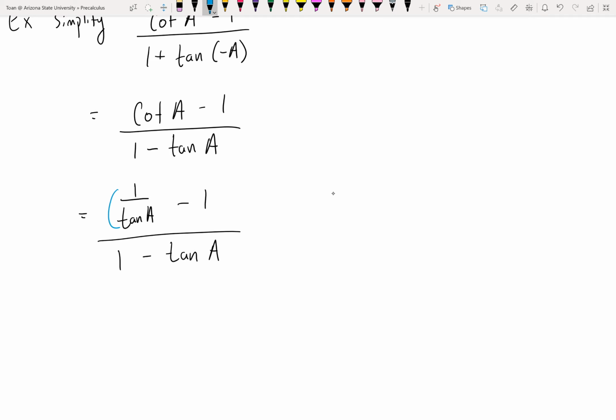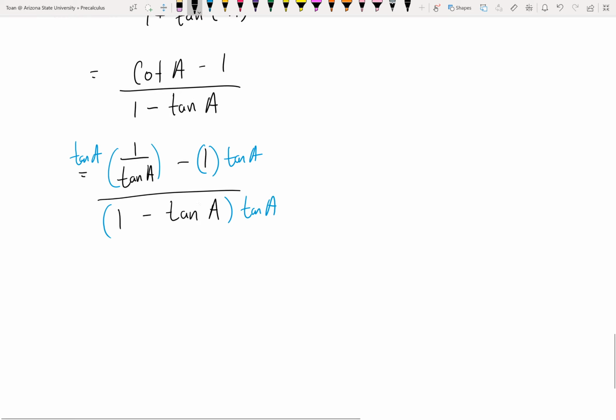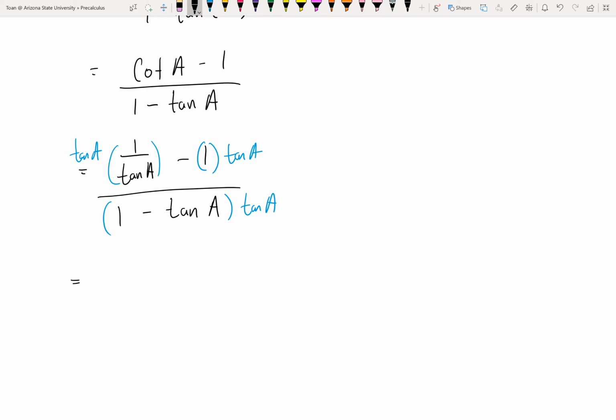So this guy gets times by tangent. This guy gets times by tangent. Now, I'm actually going to multiply the whole thing by tangent. I'm feeling lazy here. So we can see in the numerator, the tangents cancel out. 1 times tangent is tangent. And you can see why I left it in factored form.